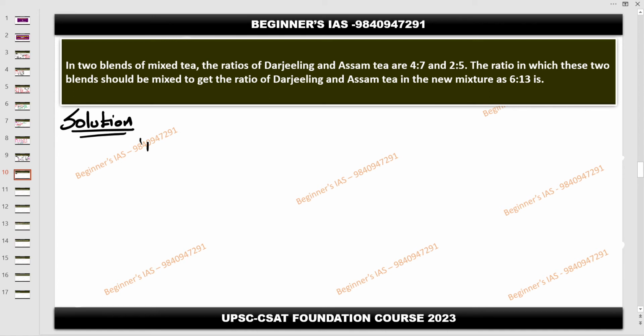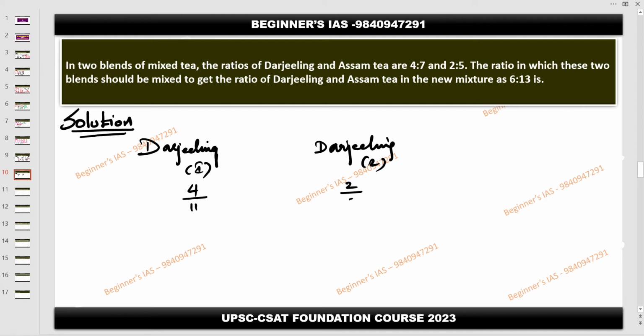So here, Darjeeling. Here 4 out of 11, here 2 out of 7. So here the resultant after blending is 6 out of 19.